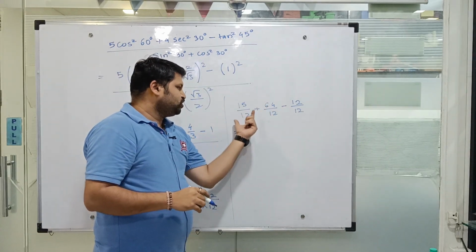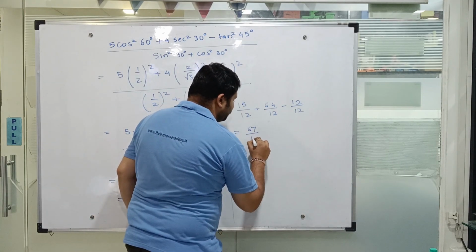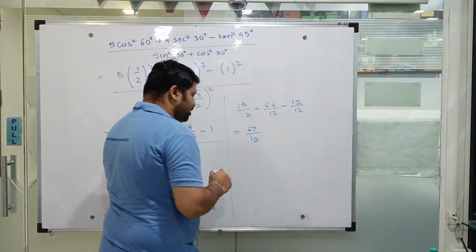If I do the addition and subtraction, I'll get 67/12, and that would be my final answer.